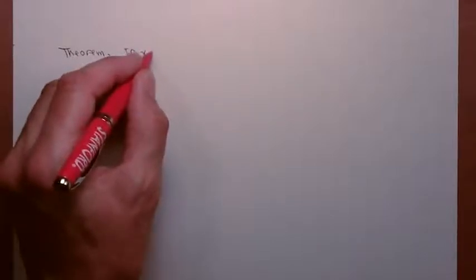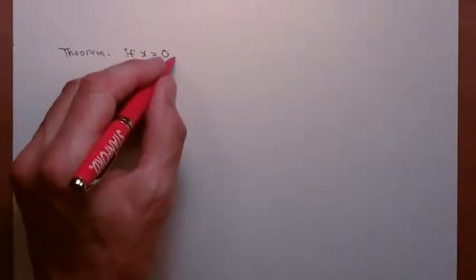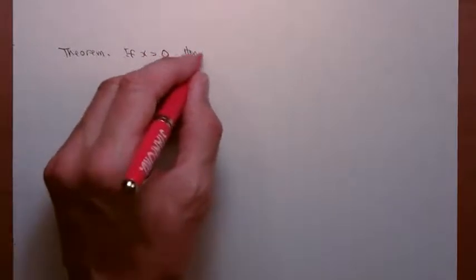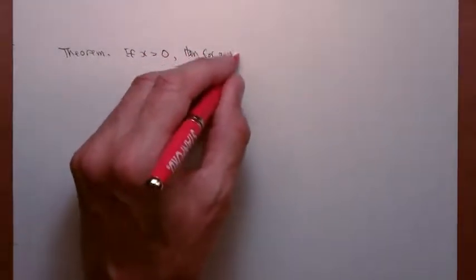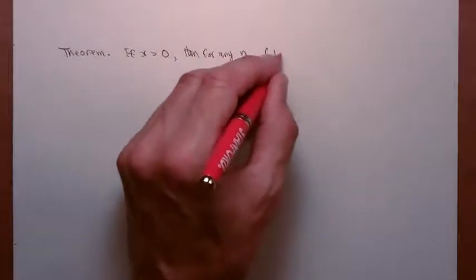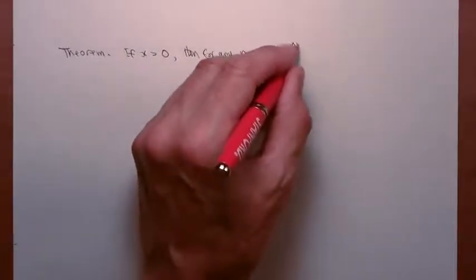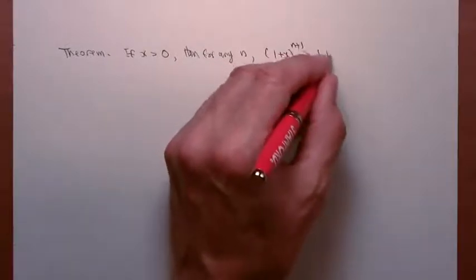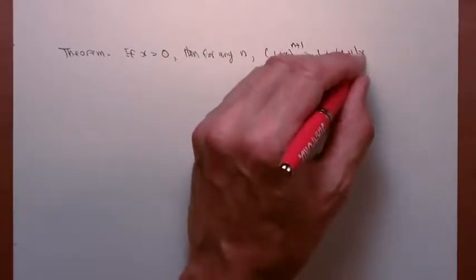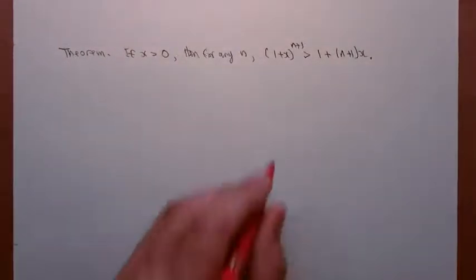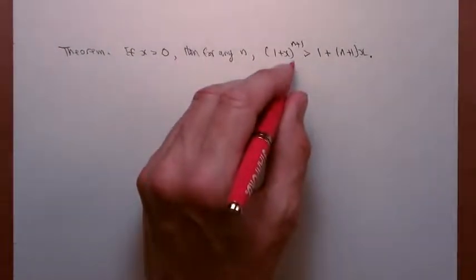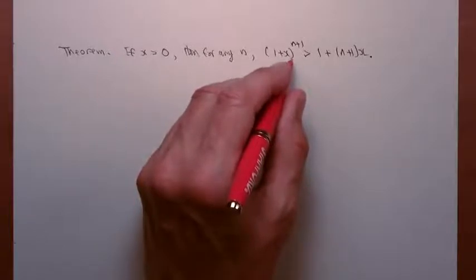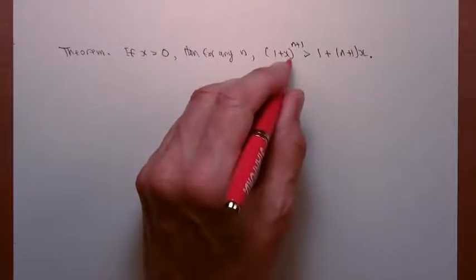Well, calling it a theorem is actually a bit of a stretch, but here's what I'm going to show: that if x is a positive real number, then for any natural number n, (1 plus x) to the n plus 1 is bigger than 1 plus (n plus 1)x. Okay, this result is not going to set the mathematical world on fire, but it is a good example to illustrate the way mathematical induction works, and in particular to connect the argument that I'm going to use to the earlier description I gave for mathematical induction.